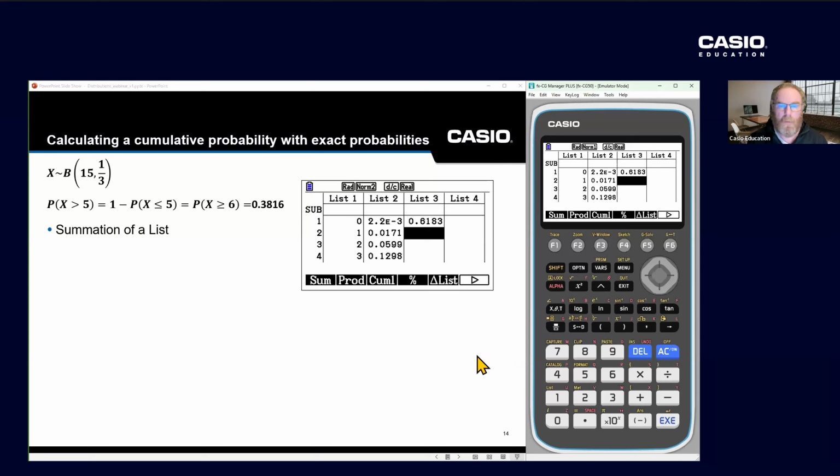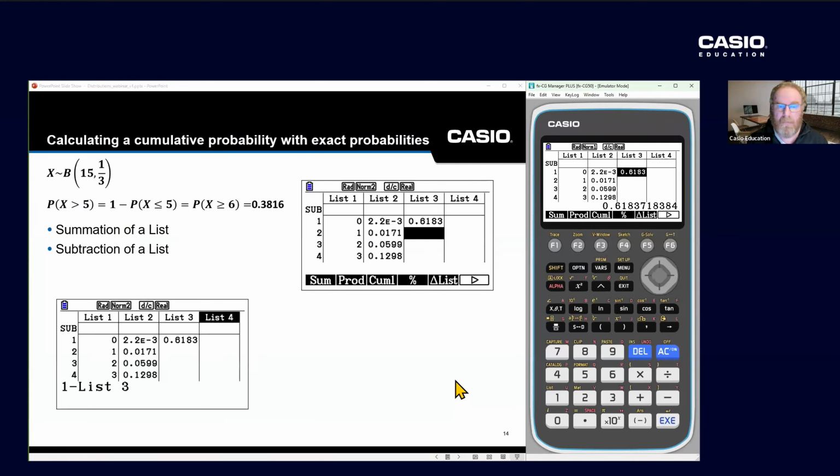Okay, what we may want to do with that is then subtract it from 1. I can highlight the value so I get a full decimal, and then I can try and do that manually. However, it might be useful if I just do the calculation within the list editor. So in list 4, I'm now going to do an operation on the whole list.